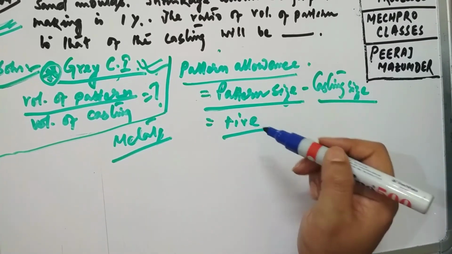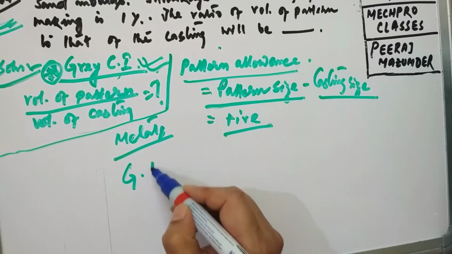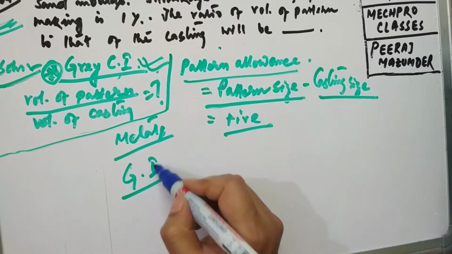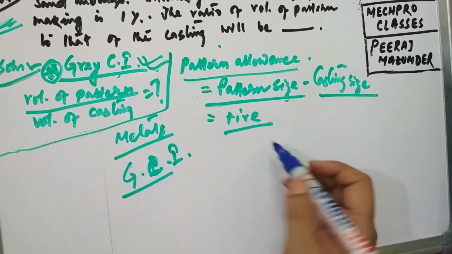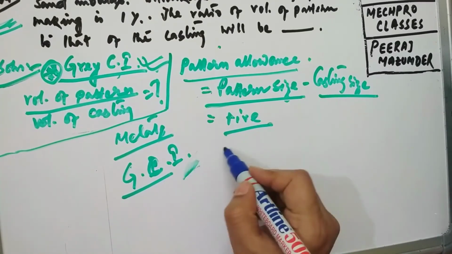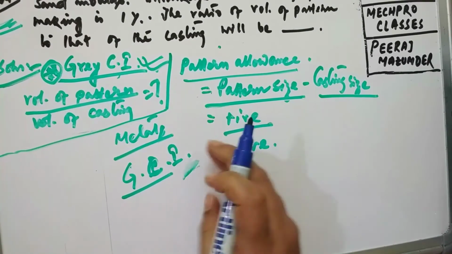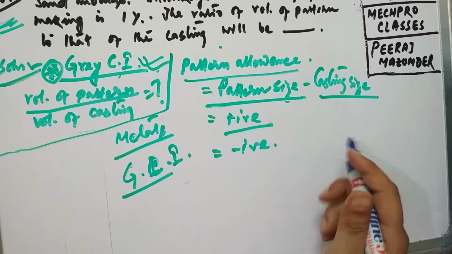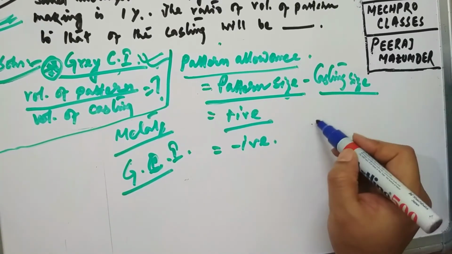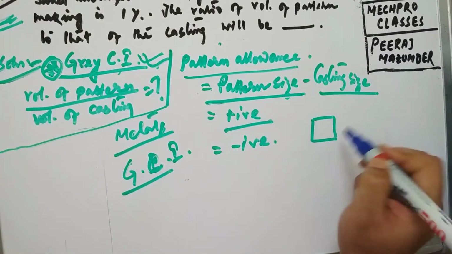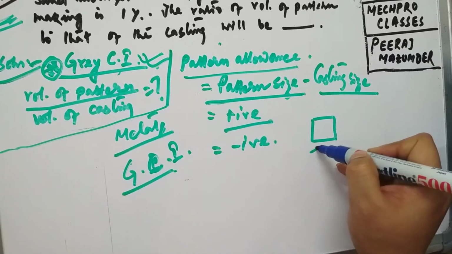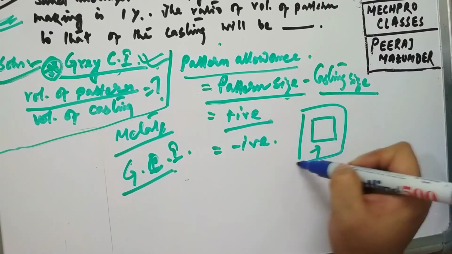Now for grey cast iron, what happens? This pattern allowance becomes negative. Why? Because I have already told you, when grey cast iron solidifies, it expands.